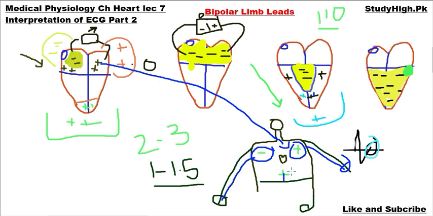As the fluid surrounding the heart apex is in positive potential, our left leg or right leg connected with that fluid will also carry the positive potential. But the degree of potential that can be measured from this limb will be very low compared to the potential that can be measured by placing the electrode directly over the heart.